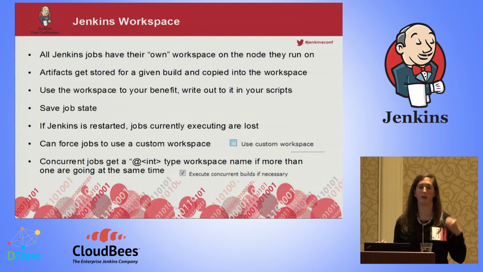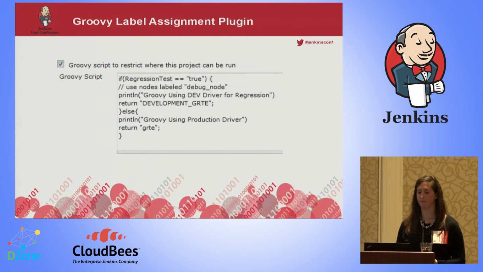So it's a quick running job and it just writes out its work to the workspace, and then the other quick running job picks up its work and goes and does what it needs to do. So you can really use the workspace to kind of get around the jobs that are long running for this type of stuff.